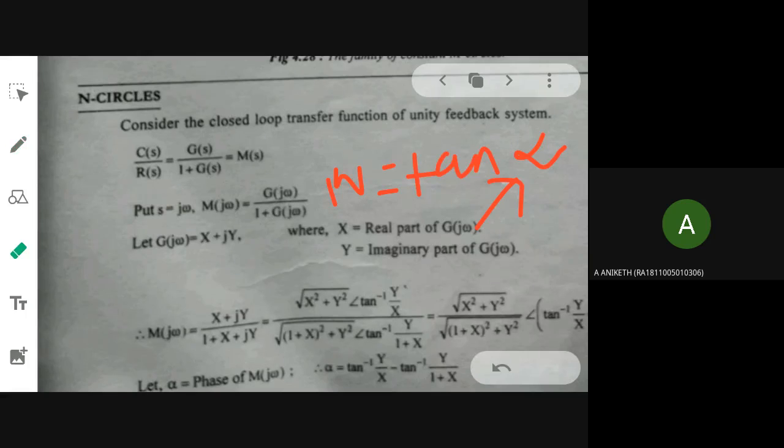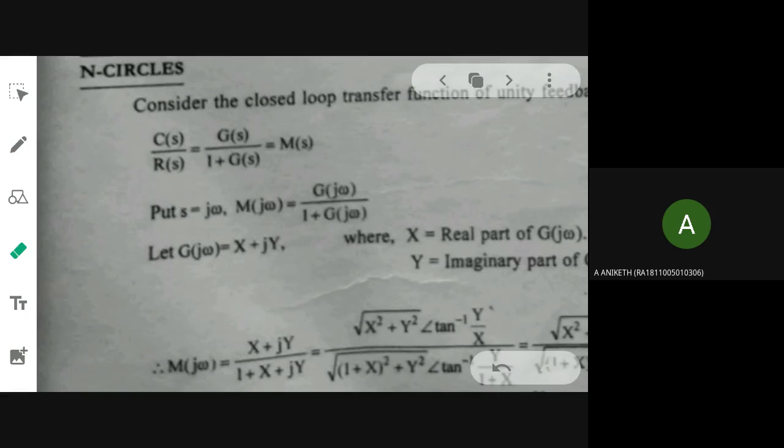So let's do that again. Take the same unity feedback system for which you have done the CLTF derivation, substitute s equal to j omega and consider that to be M, and consider G of j omega equal to x plus jy, and write down the angle expression. You know how to write the angle.